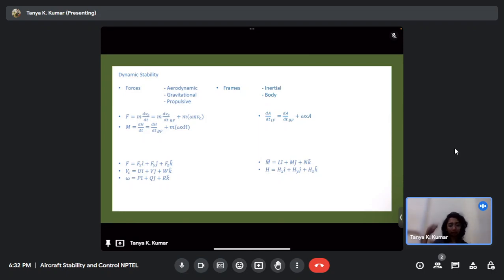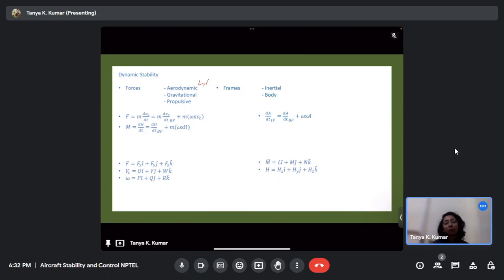What are the aerodynamic forces that we have taken into consideration throughout this course? Lift and drag. They depend on the relative velocity. Gravitational force, the weight, and the propulsive force is the thrust.